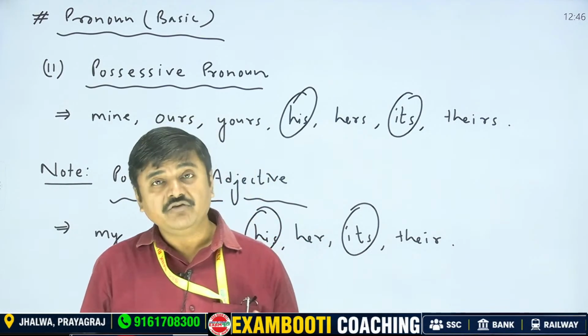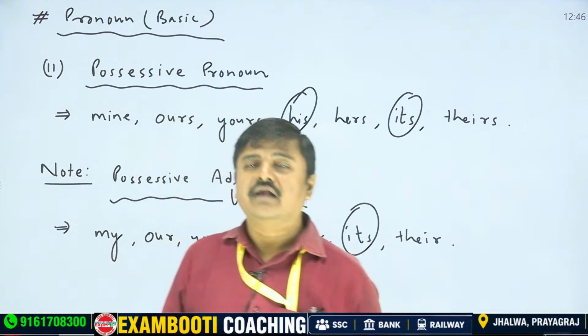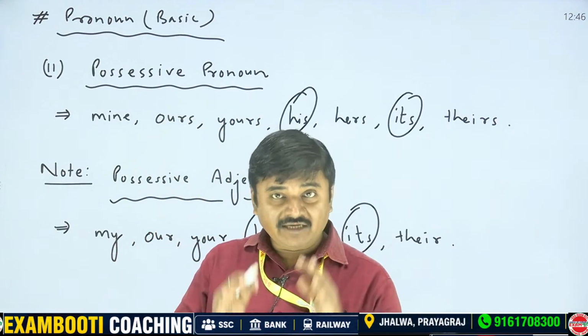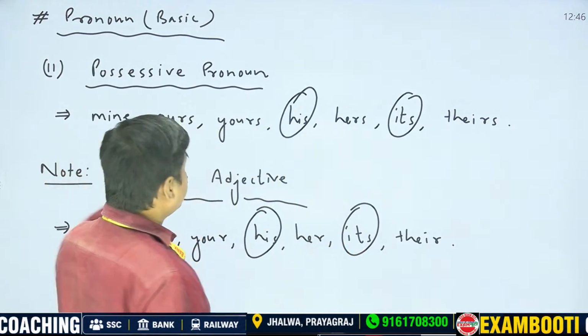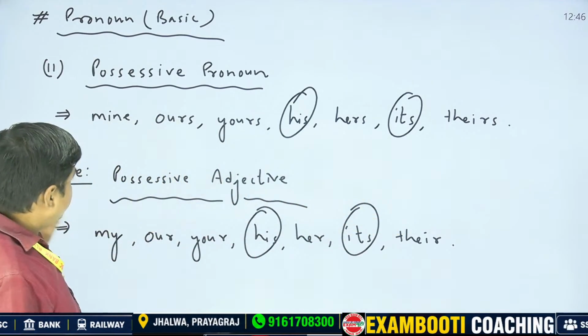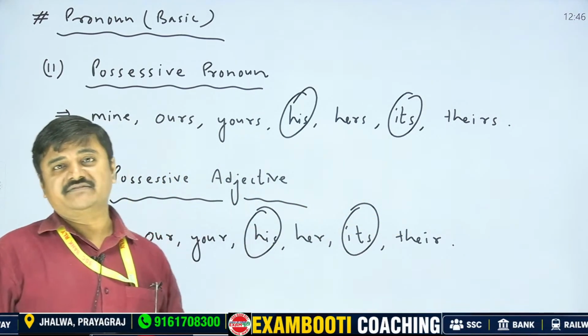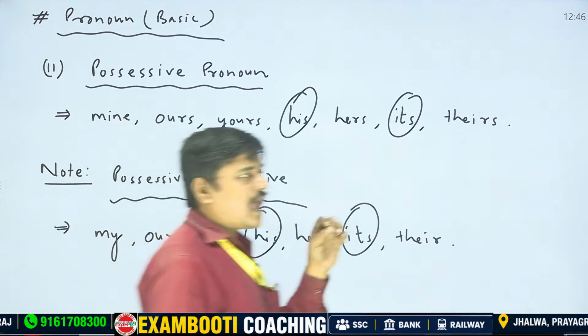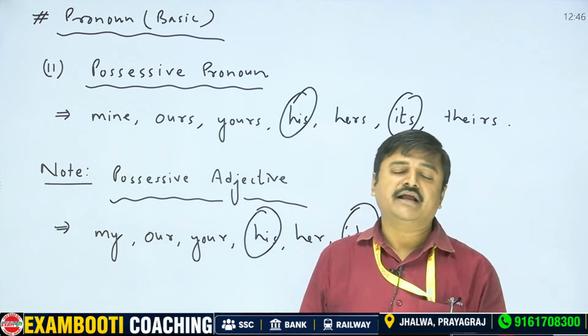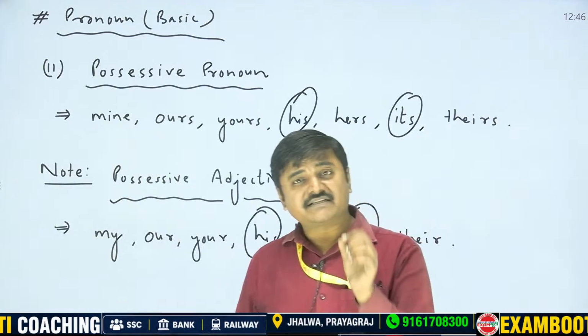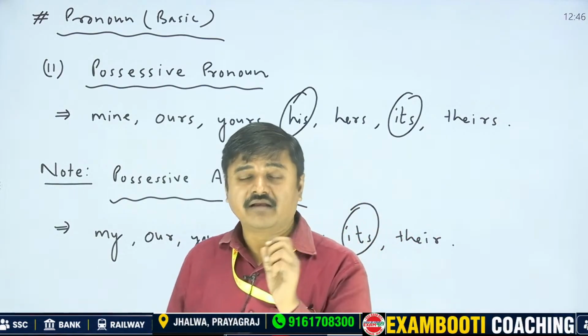How to distinguish them, we will discuss later. But right now, these words are possessive pronouns and these words are possessive adjectives. Just keep these facts in your mind very, very clearly.